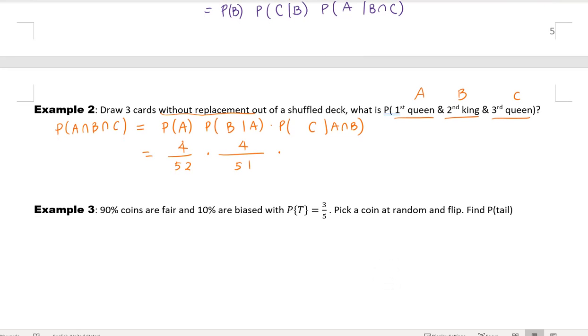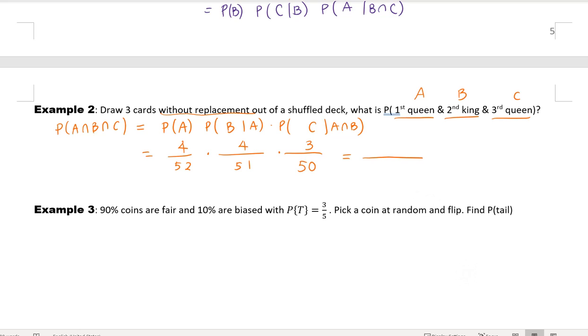After we draw 2 cards, there are 50 cards left. And because the first card was a queen, there are now 3 queens left. So that's why we have the conditional probability.